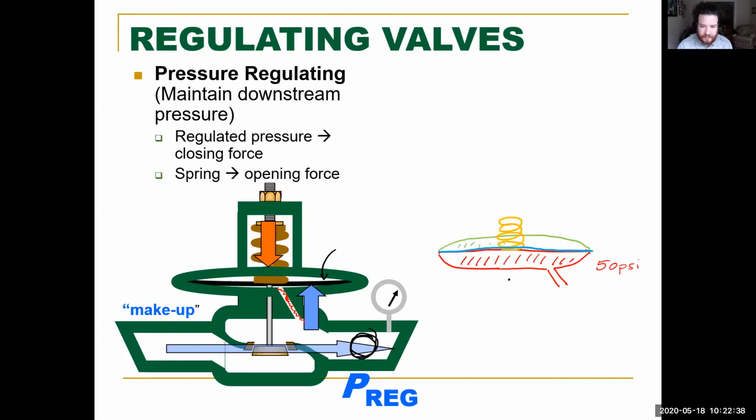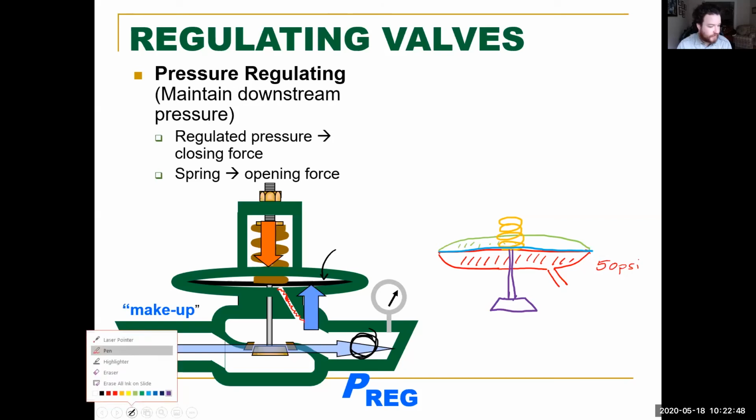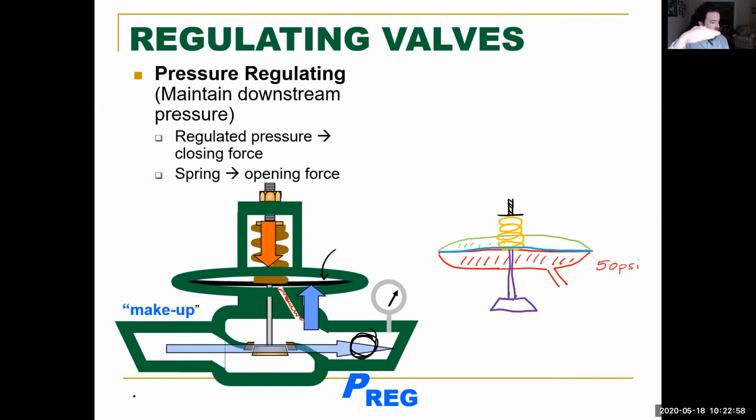And that baffle is going to be attached to the valve. And then just as shown in the picture, that spring can go up and down with this thread here, this nut.